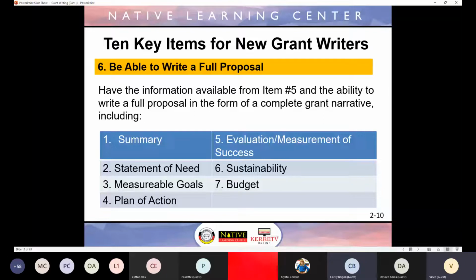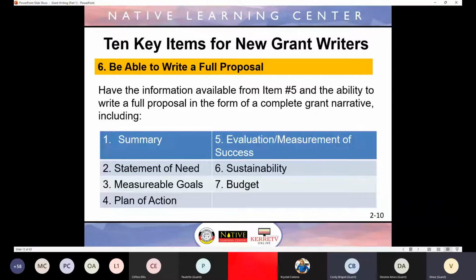This is the final product that a grant writer needs to be able to pull together using his or her subject matter experts. They need to be able to put together some kind of a summary, usually done last, that describes the whole grant that you're pursuing.